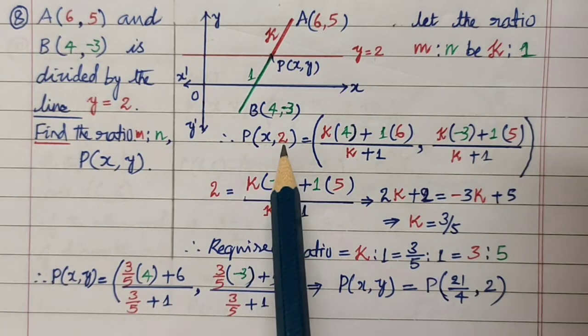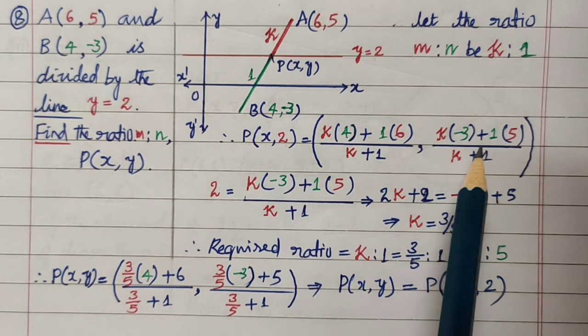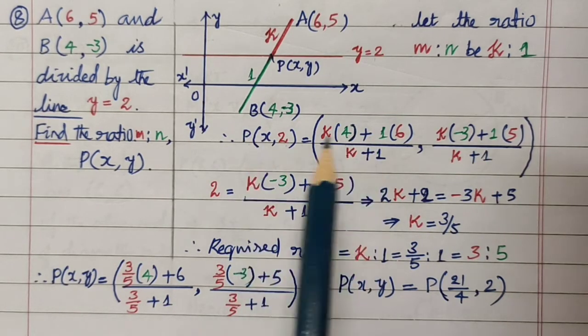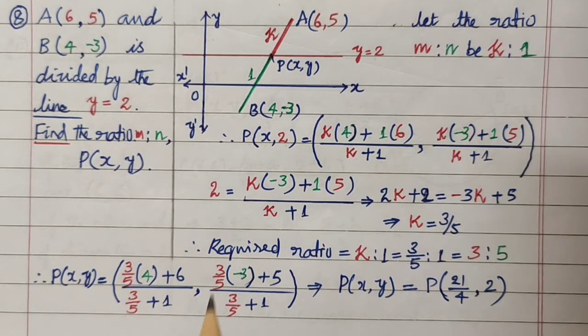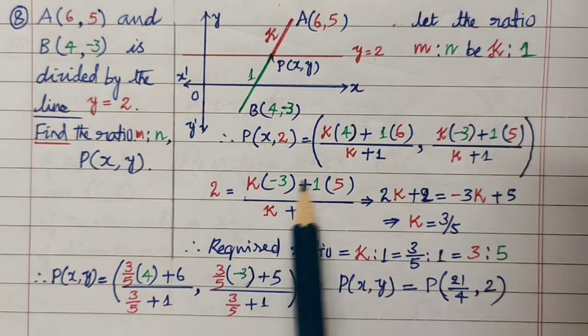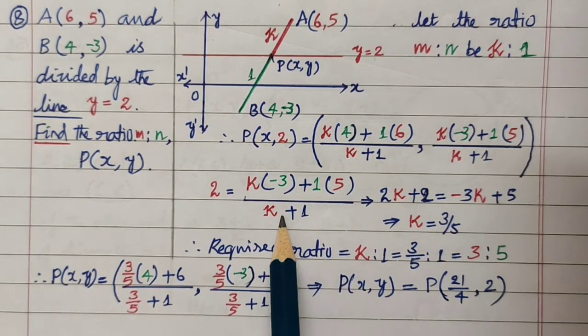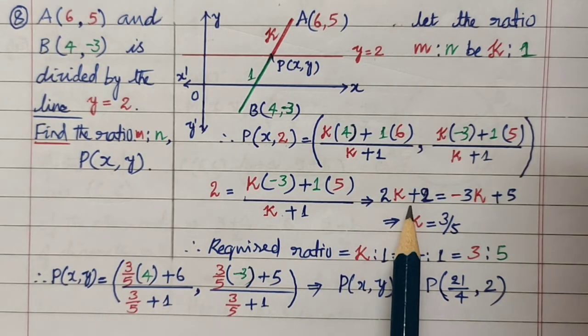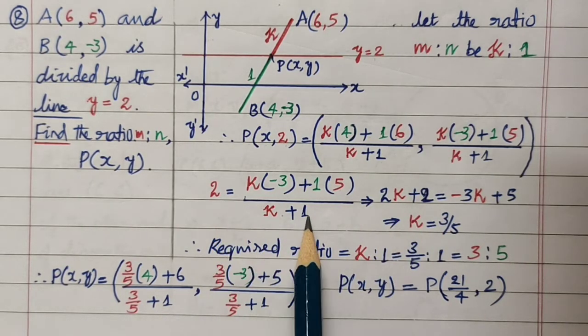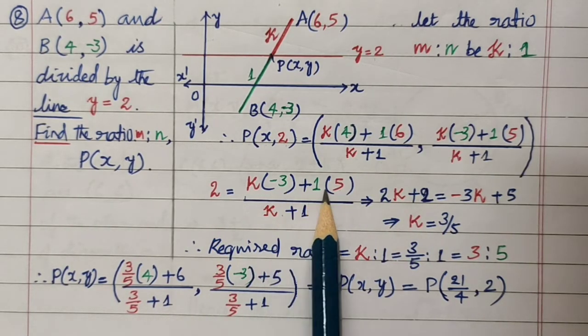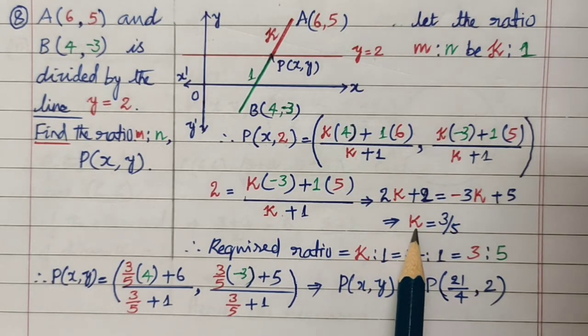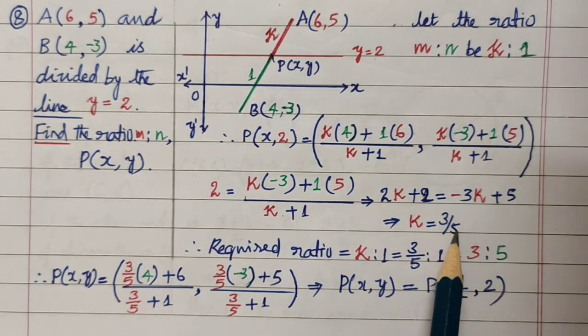Because we know y, let us equate 2 with this: 2 = (k into -3 + 1 into 5) / (k + 1). Cross multiply: 2k + 2 = -3k + 5. After solving, we got k = 3/5.